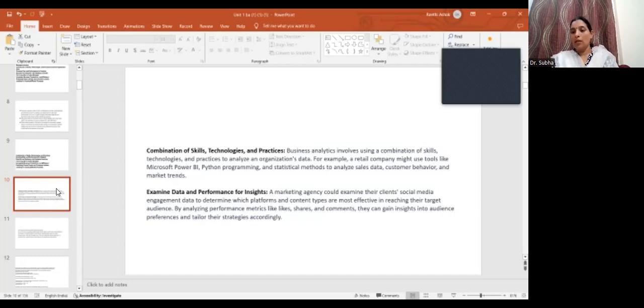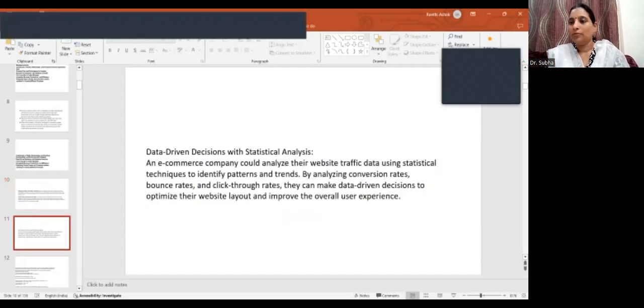In this way, you can gather some insight about your audience, about your customers' preferences, and tailor your strategies accordingly, according to the requirement of your client or your customers. That is the reason why you need to examine the data thoroughly and gather some insight, and finally increase your efficiency.